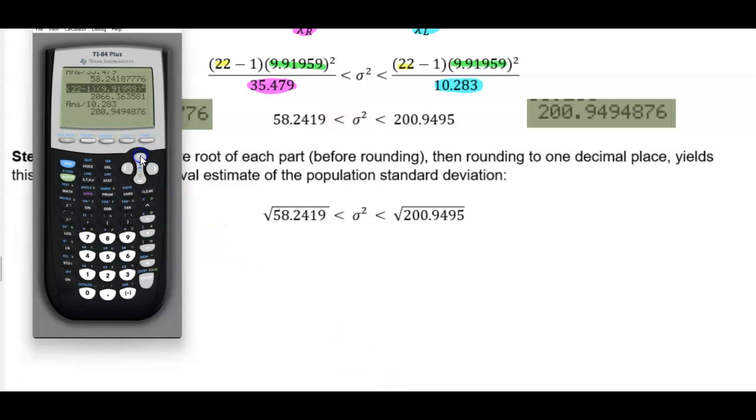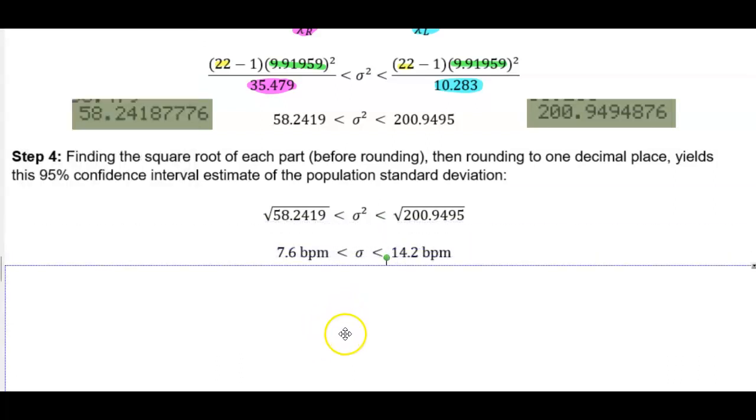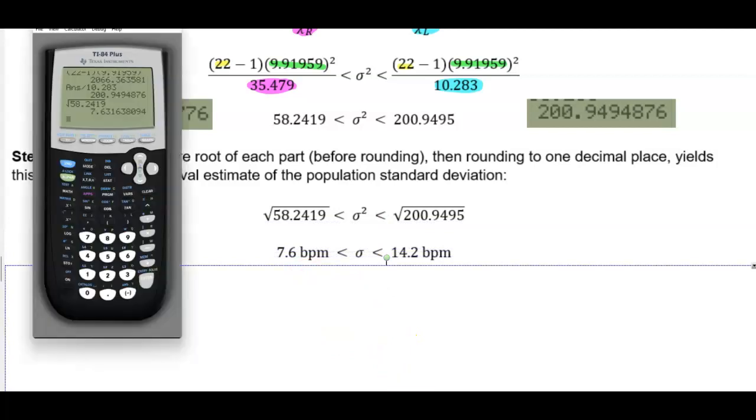So we can say second square root of 58.2419. Well, that gives us 7.6. And then if we take the square root of 200.9495, well, that gives us, rounding it to 1 decimal place, 14.2.